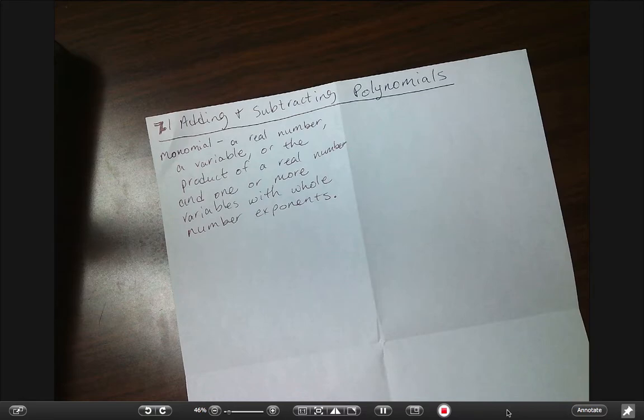So a monomial is a real number, a variable, or the product of a real number and one or more variables with whole number exponents.